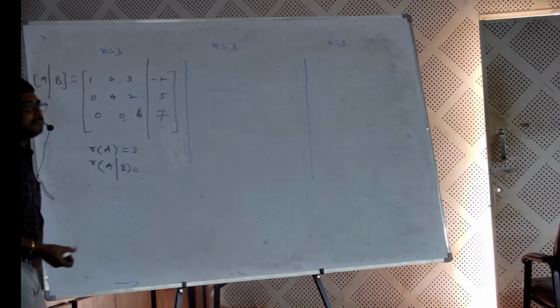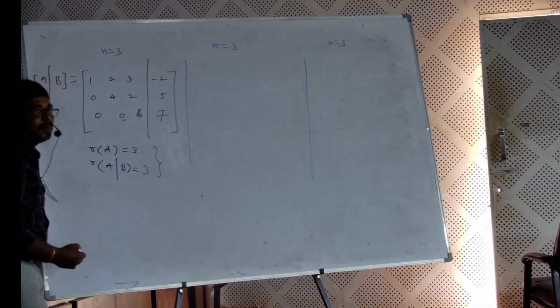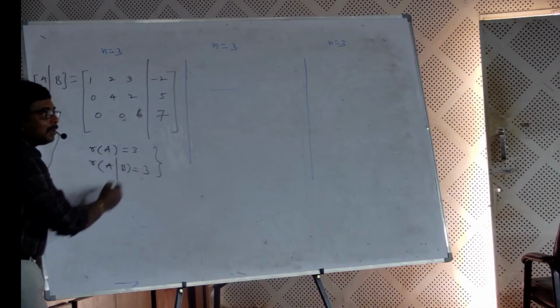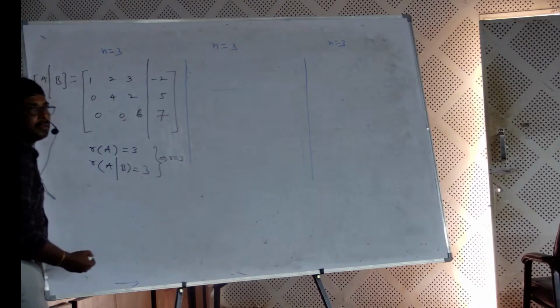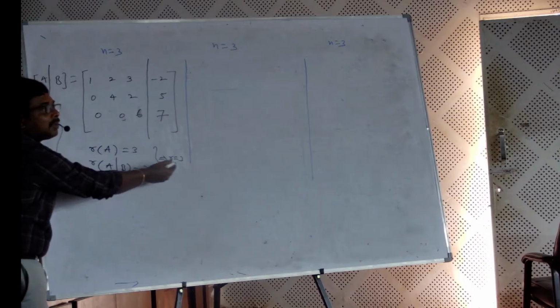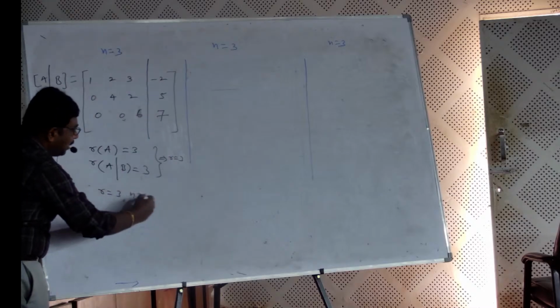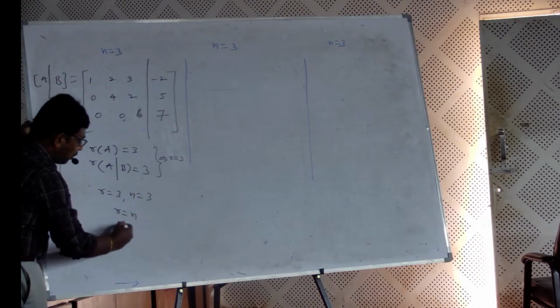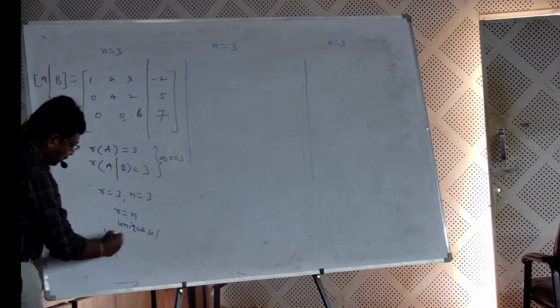Entire matrix. What is the rank of A by B? What is the common rank? Are these two the same? Common rank is 3. What is r? 3. What is n? Rank equal to n gives which solution? Unique solution.